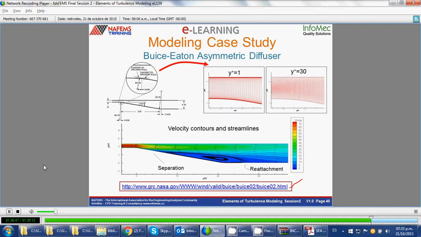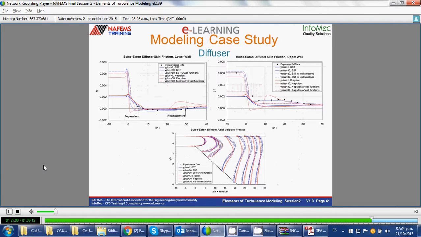They looked at a diffuser, and they wanted to see different Y plus values and different turbulence modeling, how that would work. They looked at the SST model, K epsilon model with different Y plus values, and wall function and wall integration, and they got a bunch of different results.